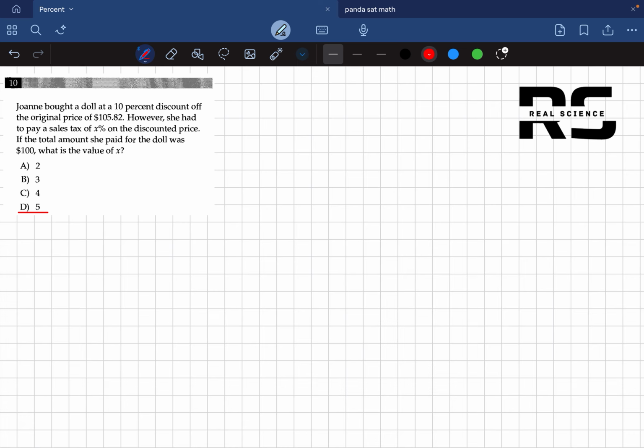Okay, so the original price was $105.82, and then she got a discount of 10%, meaning that she bought not for 105.82, but for the reduced price, meaning that we need to find 0.9 of this number.